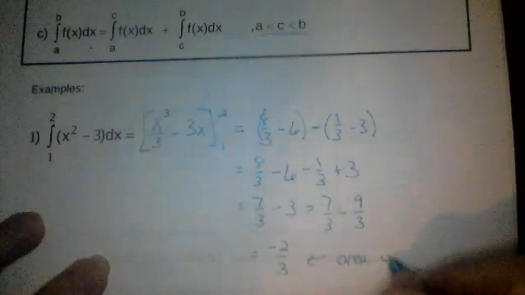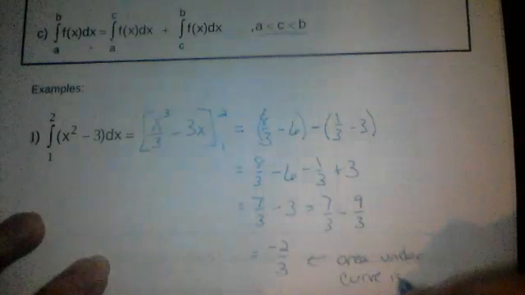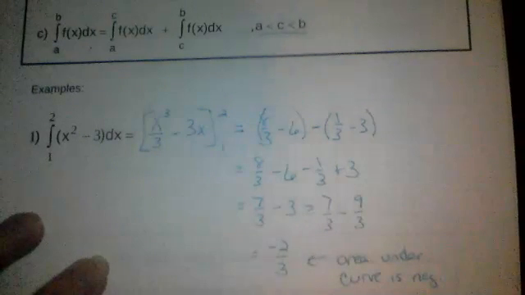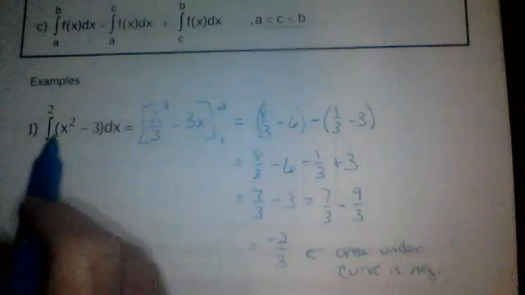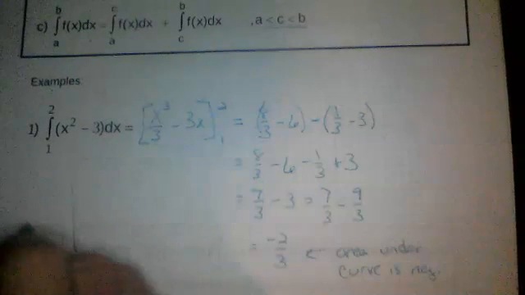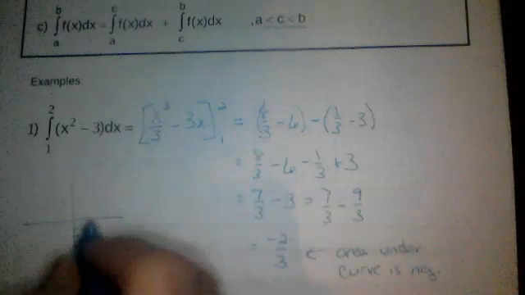So this is saying that the area under the curve is negative. The overall area is negative. Well, if we were to think a little bit about what this graph looks like, this is a squared function graph shifted down 3.